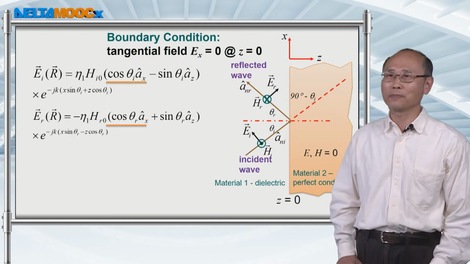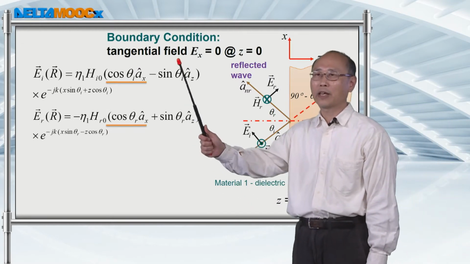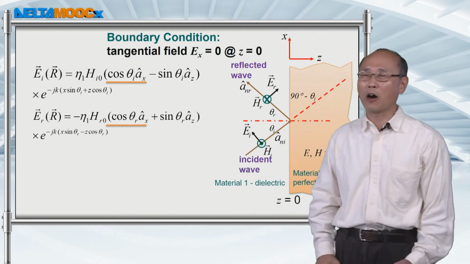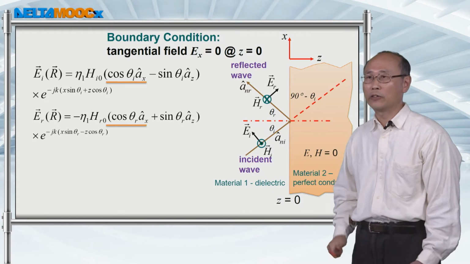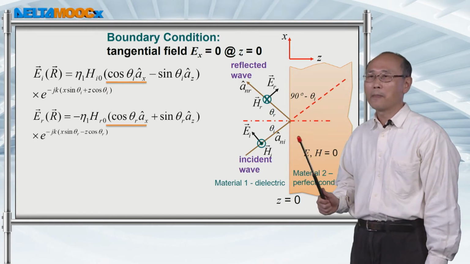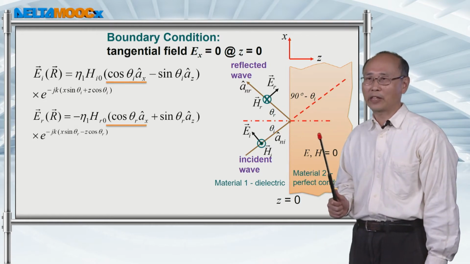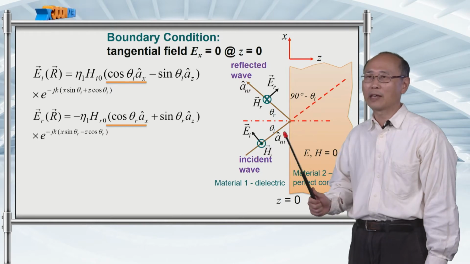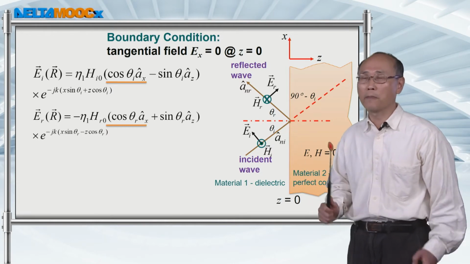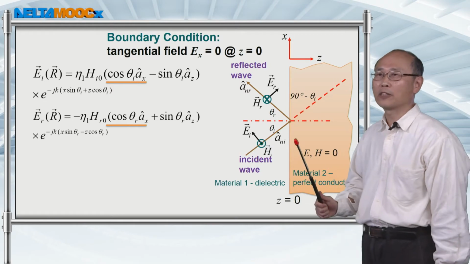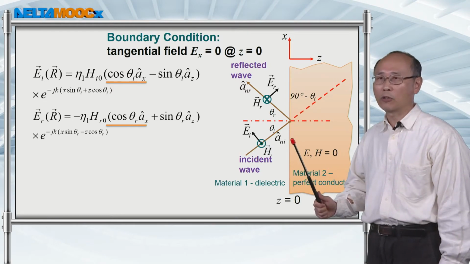And I just said that the tangential components of the electric field are continuous across this boundary, but this is a piece of perfect conductor, no field inside. So this means that the tangential component of the electric field on this boundary has to be equal to 0.